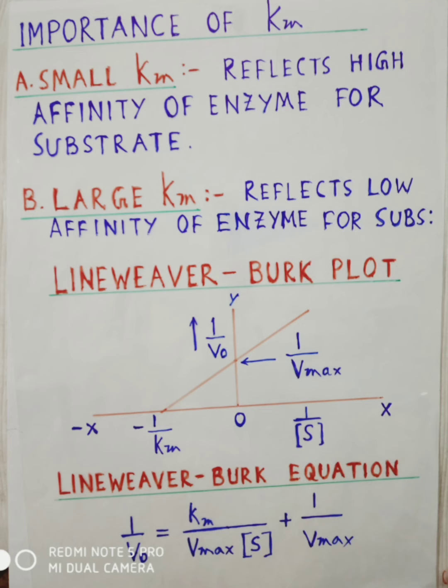The point at which the line intersects the y-axis is numerically equal to 1/Vmax, and the point at which the line intersects the x-axis is numerically equal to -1/Km.